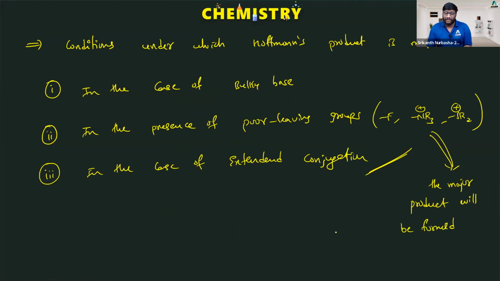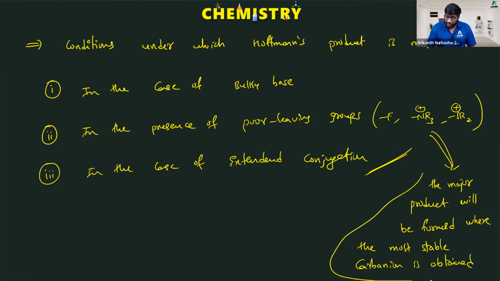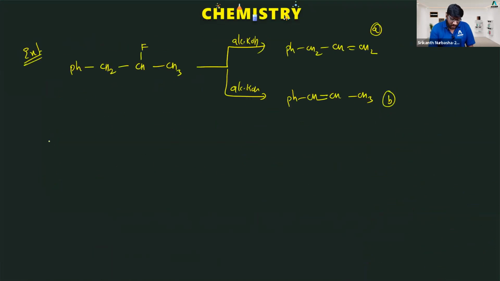The major product will be formed where the more stable carbanion is obtained, because you have to look at the transient state stability; it's not like Saitzef or Hoffman. So if you have Ph-CH2-CHF-CH3, this is the alpha carbon, this is beta, and this is also beta.